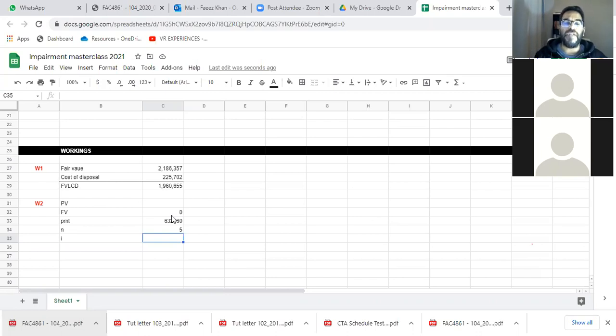We need to use a pre-tax discount rate, so we need to convert it. We take the 9.07%, which is a post-tax discount rate, divided by 0.72 to convert it into a pre-tax discount rate. So there we go. Now we can work out the present value.